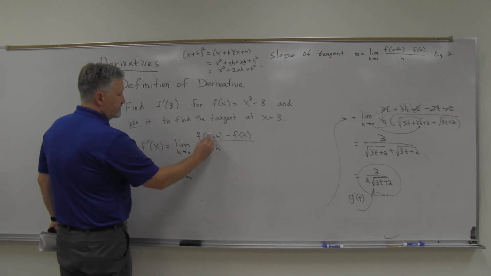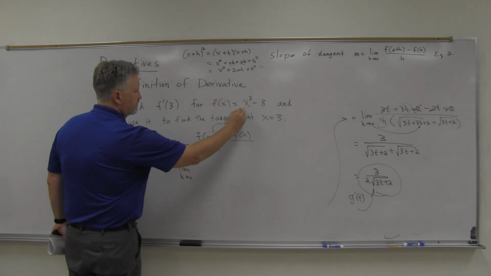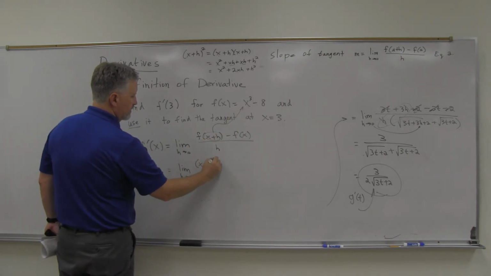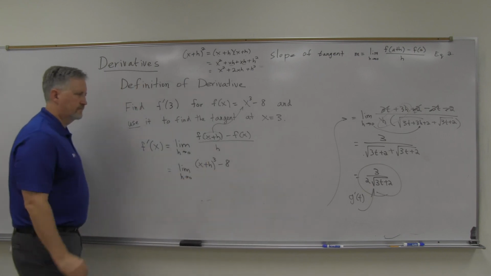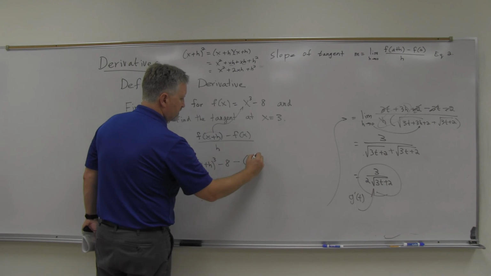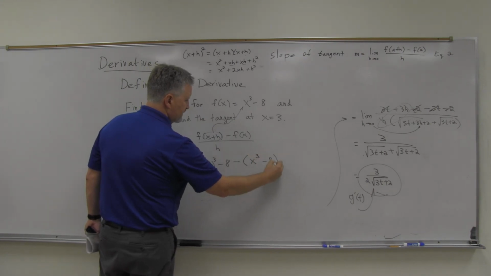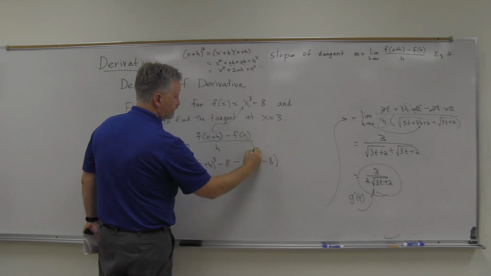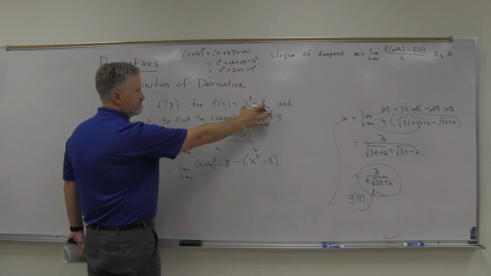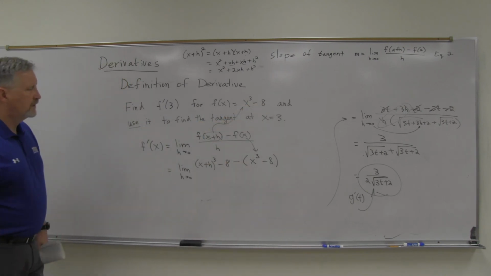So the limit as h approaches 0. f of x plus h means input x plus h for x, so that'd be x plus h cubed minus 8. And then minus f of x, so minus parentheses x cubed minus 8. It's just minusing x cubed minus 8.